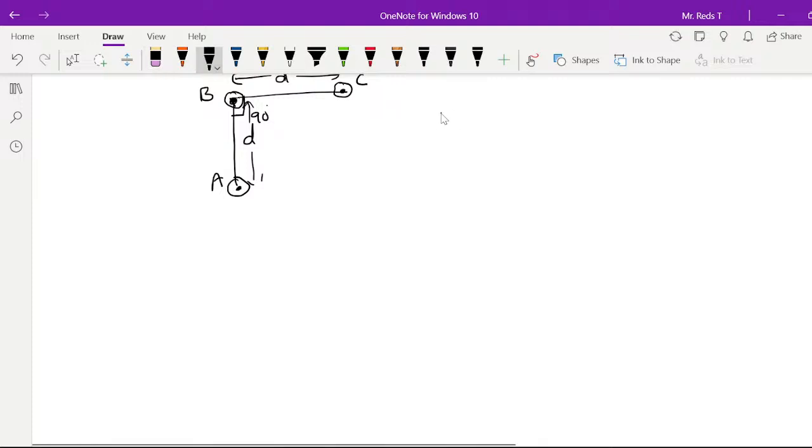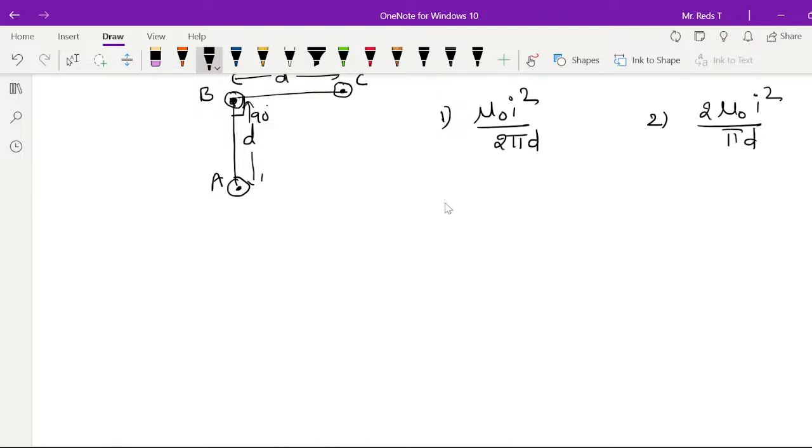First option is mu naught I square by 2 pi d, second option is 2 mu naught I square by pi d. Third option, square root of 2 mu naught I square by pi d, and fourth option mu naught I square by root 2 pi d.